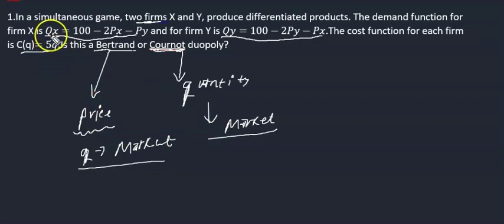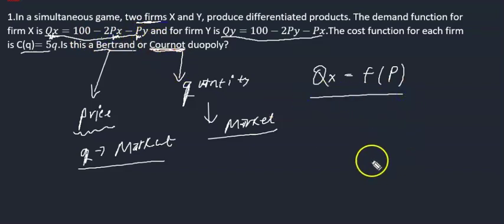So let's take X here. We can see that the demand for X is Qx, a function of price. Sorry, I have to write price there. So this Q is a function of the price of X as well as the price of Y. Then the demand for Y is as well a function of price.